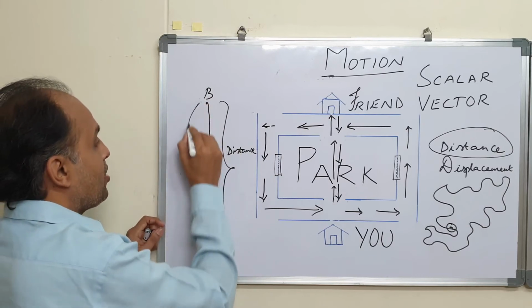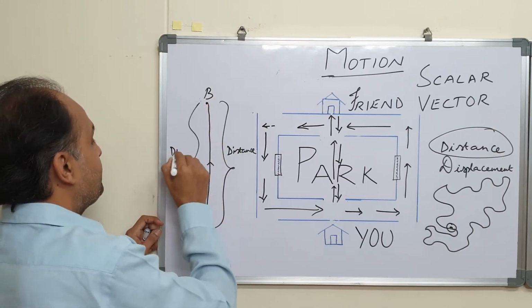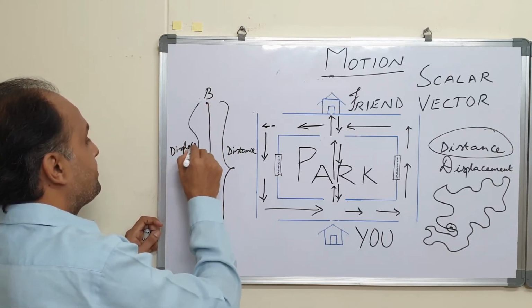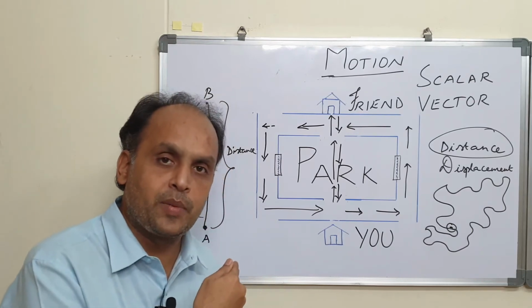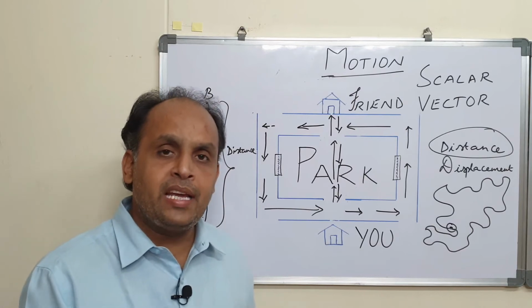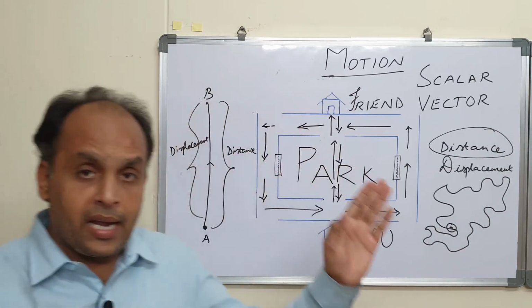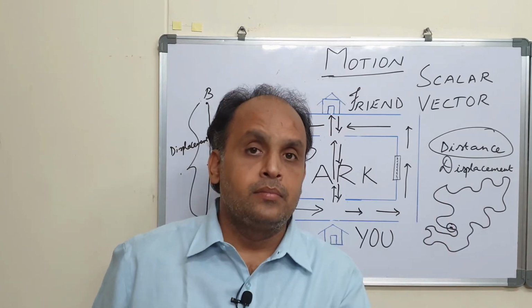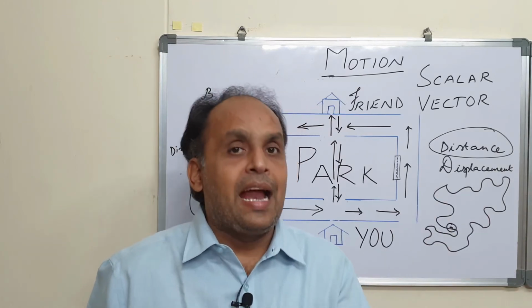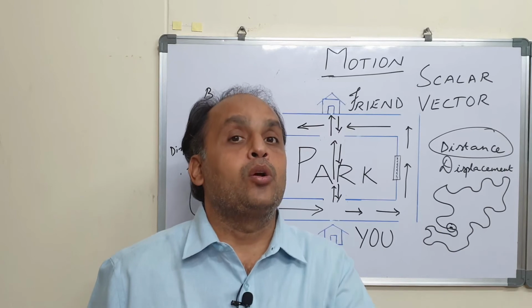So this is also displacement. So when a body is moving from one point to another in a straight line, then the distance and the displacement are equal.